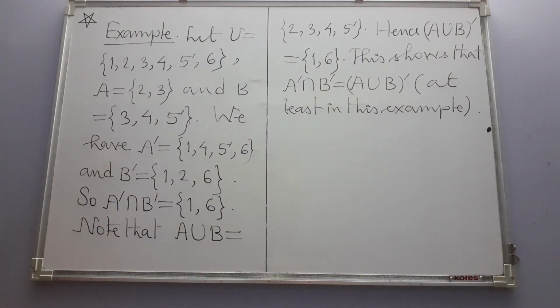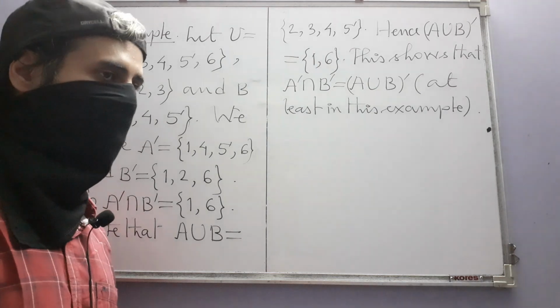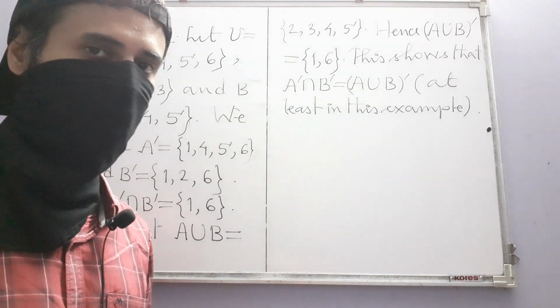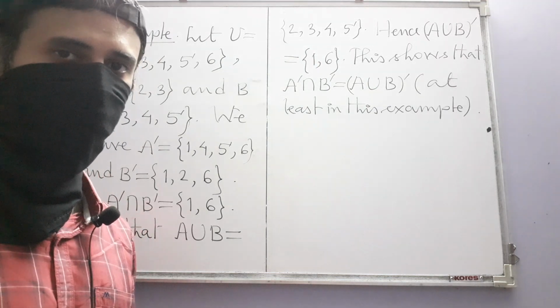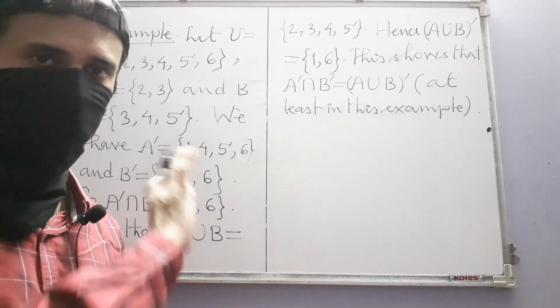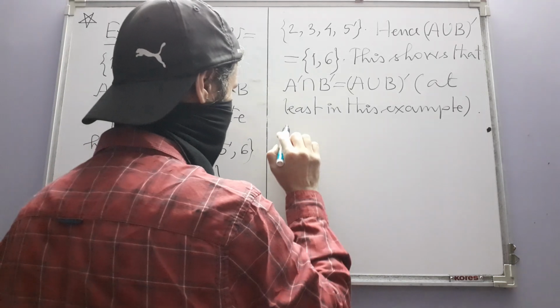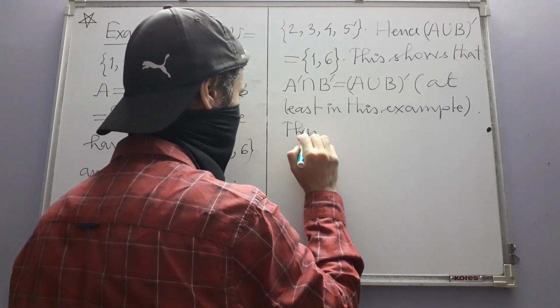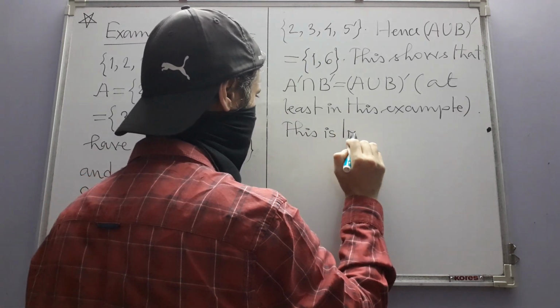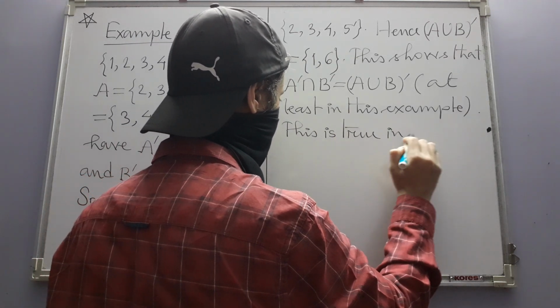But surprisingly, this is actually true in general for any sets A and B, subsets of some universal set, of course, that is always there. This is true in general.